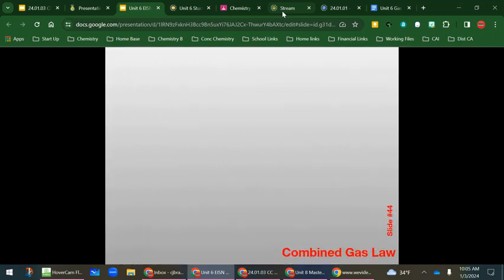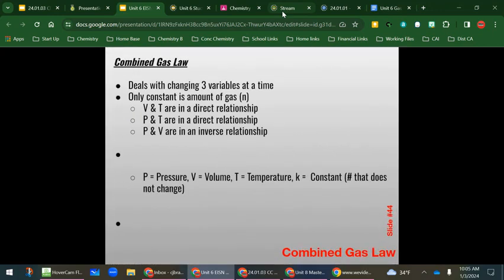Here you go, ladies and gentlemen. Combined gas laws deals with changing 3 variables: pressure, volume, and temperature. So what's still held constant? The amount of gas is still held constant. Where is pressure always in every one of our formulas? Top. Where's volume, and where's temperature? On the bottom. There it is. P times V over T still equals a what?